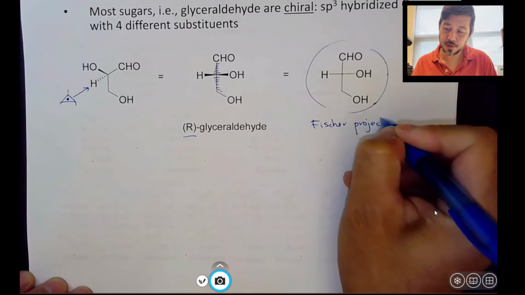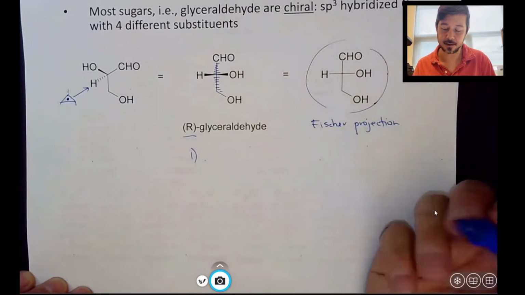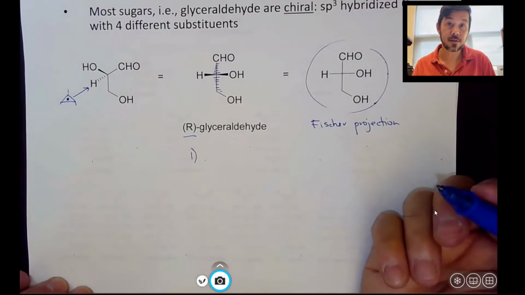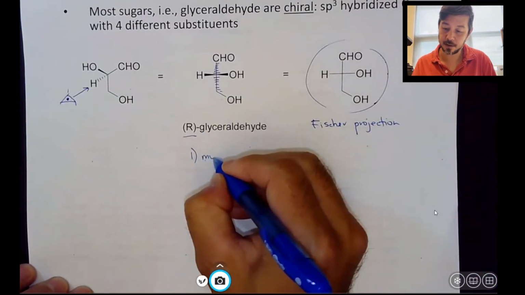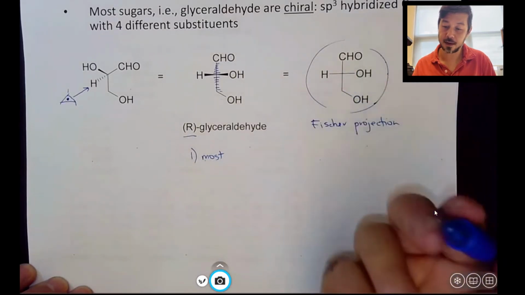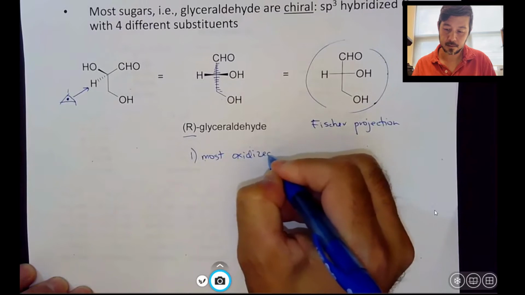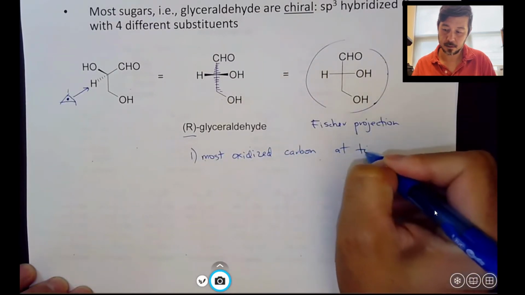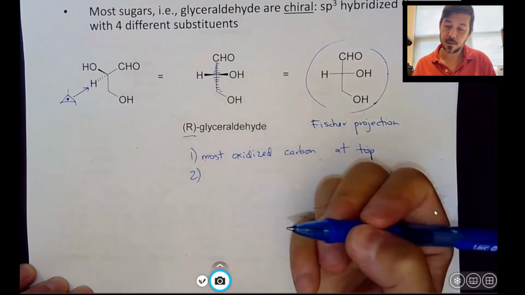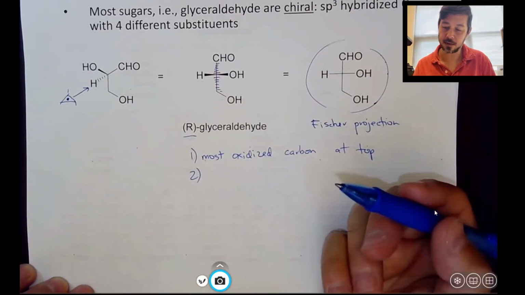A few words about Fischer projections with respect to sugars and how we designate them. It's convention to put the most oxidized carbon at the top. In this case, our most oxidized carbon is the aldehyde. Number 2, the longest carbon chain goes downwards and in the plane of the page.